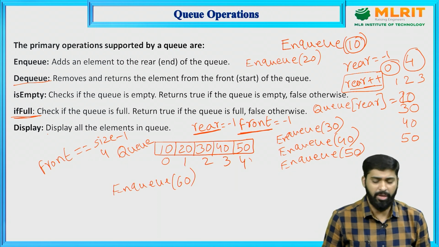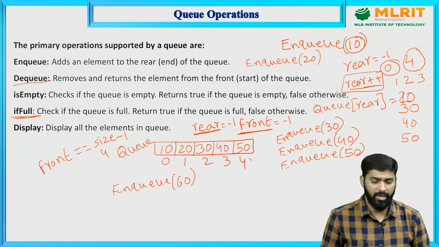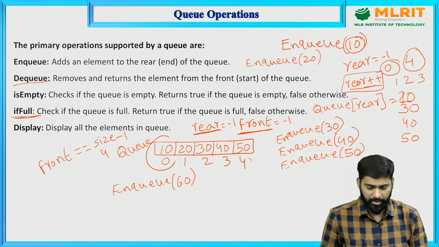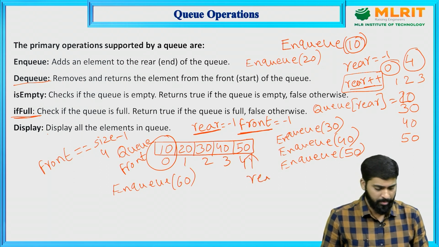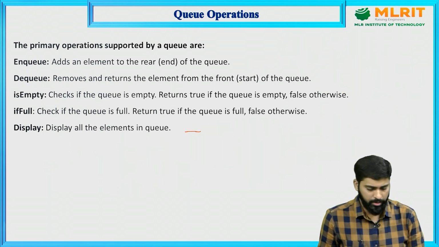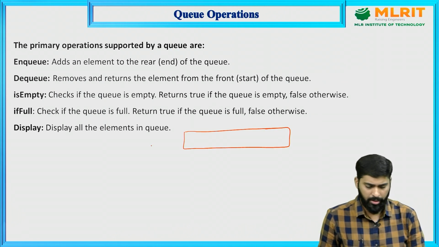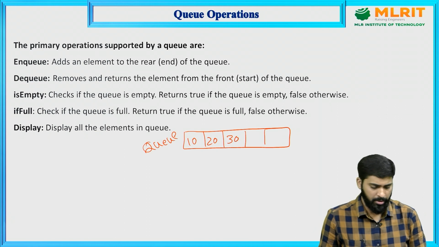So next function DQ. DQ means removes and returns the element from the front of the queue. That means from here. So this is the front, and here is the rear. Let us assume this is the array Q. These are the numbers I stored.